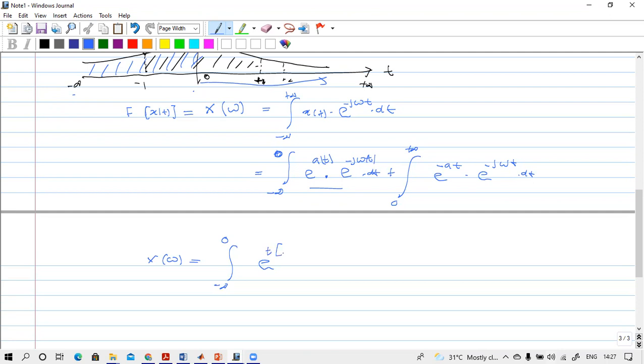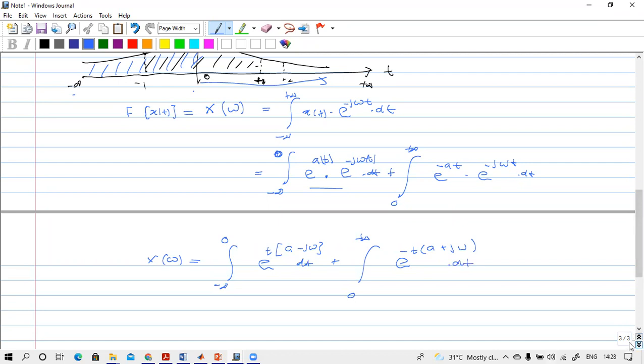If you take t out, you will get a minus j omega. Plus from 0 to plus infinity, if you take minus t out, you will get a plus j omega. Here it is dt and here it is dt.